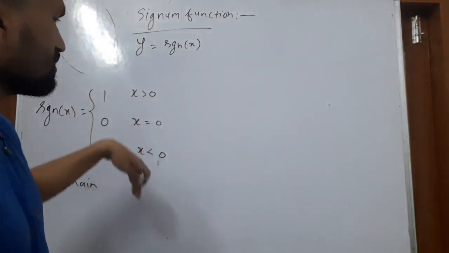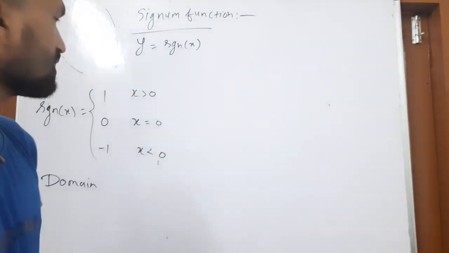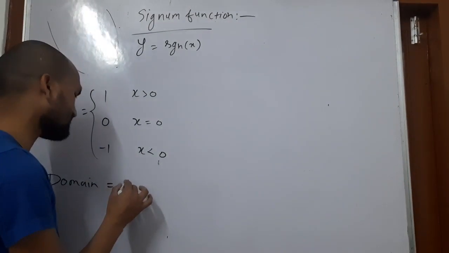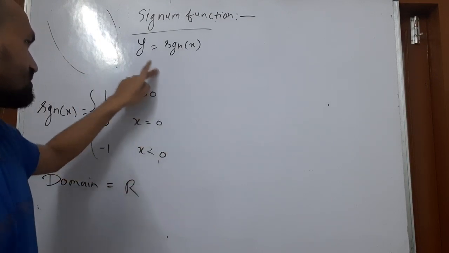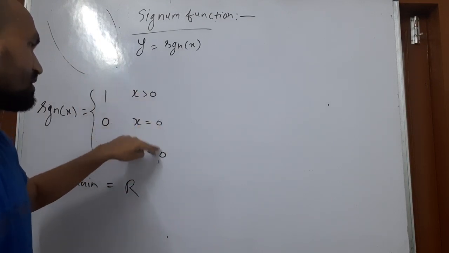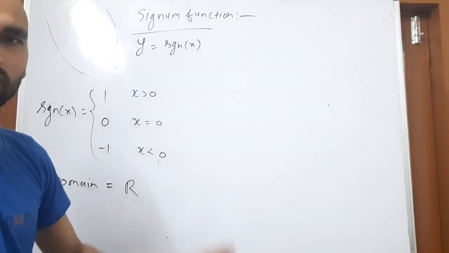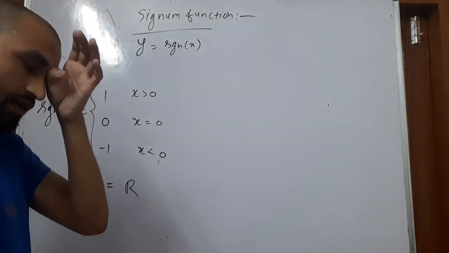So for all real values of x, signum x is defined. We can say that the domain is the real numbers, because if we join these conditions, greater than 0, less than 0 and equal to 0, all real numbers will be obtained. So the domain of signum x is the real numbers.